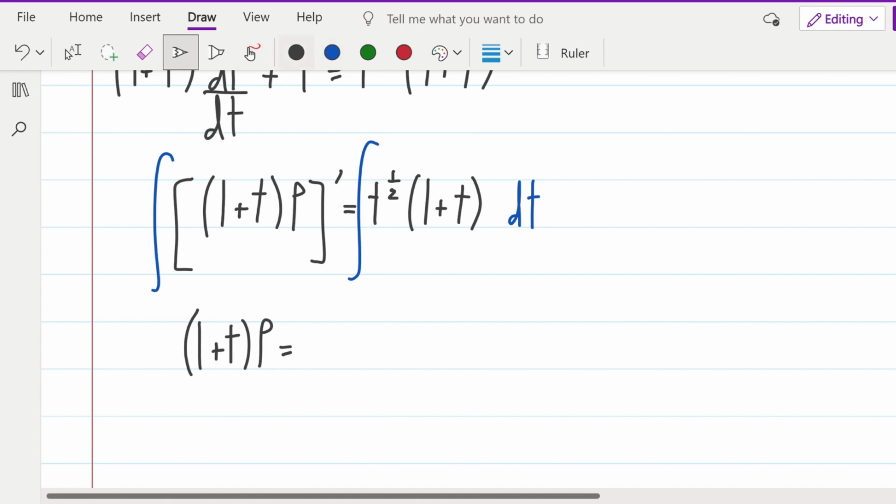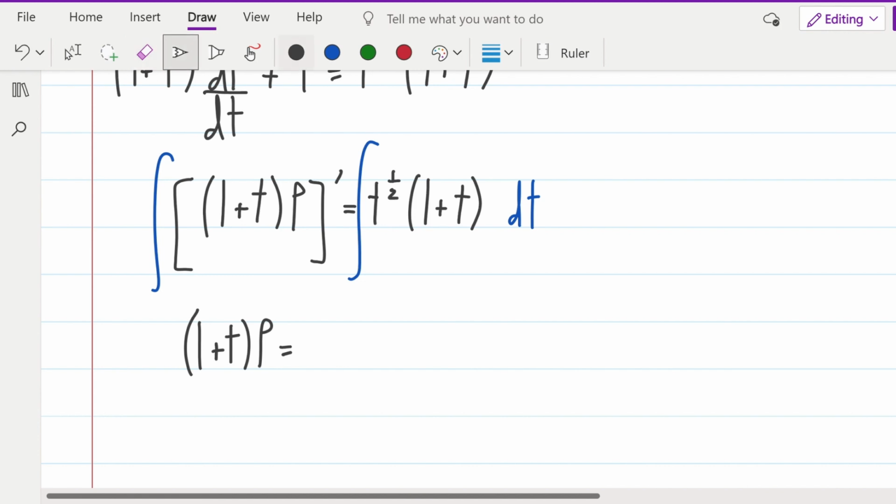The thing that you've got to do here now is obviously integrate one side and don't forget the plus c. You could have done the plus c on the left hand side, but I would recommend you do it on the right hand side, because you're integrating with respect to t, and in this example, we'd have an equation there, and it's so easy to just divide both sides by 1 plus t, so we just get p equals and then an equation.